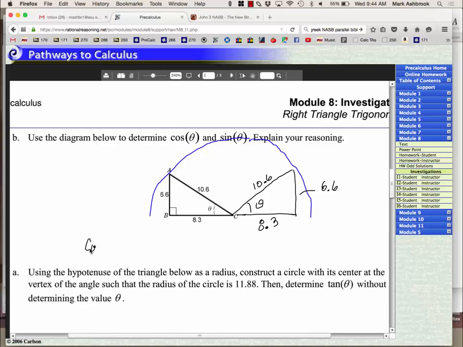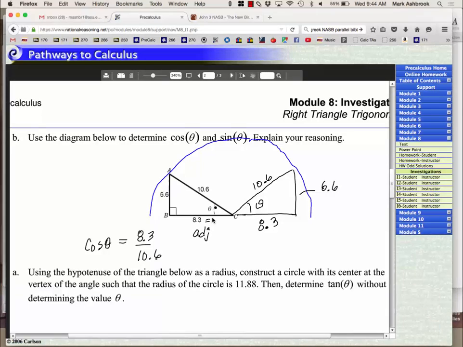Because if we're going to do what? So how are we going to do cosine of theta? Cosine of theta is going to be? Right, so that's that horizontal distance over the radius. But if we look at our original triangle, 8.3 is still which side? Adjacent side, right?